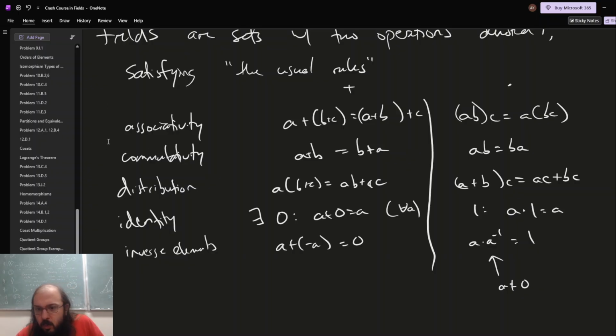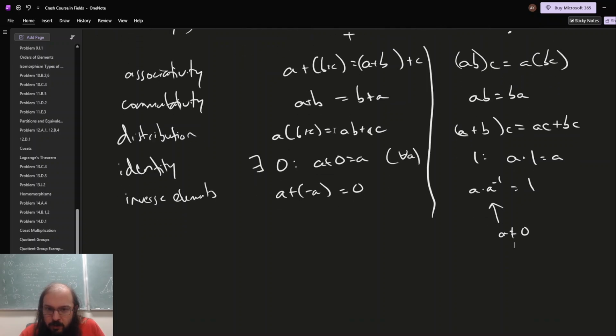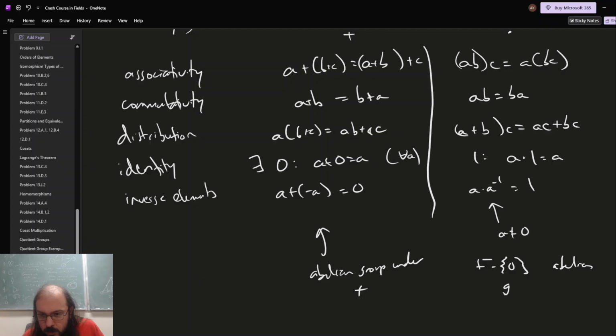Okay, so what this is saying is a field is a group in two different ways. A field is an abelian group under plus, and then if I take F and remove 0, this is also an abelian group under times.